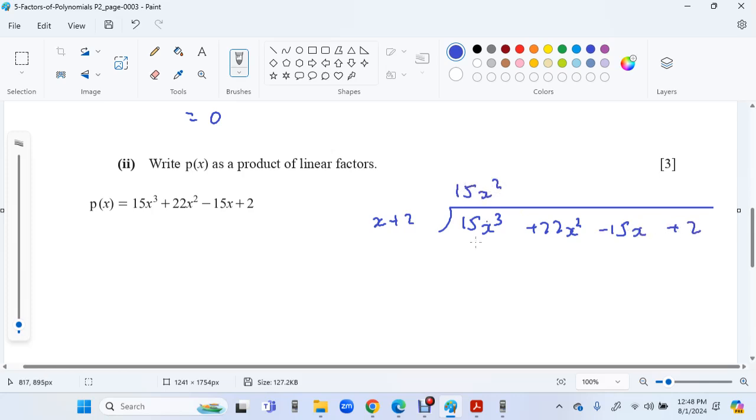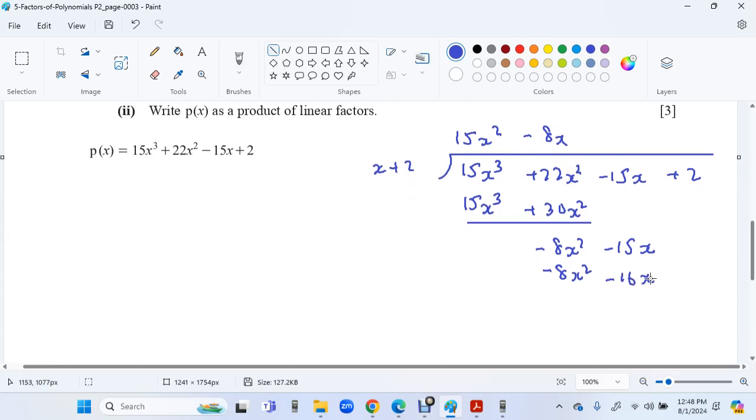So we have 15x squared, 15x cubed plus 30x squared, and then 22 minus 30 is negative 8x squared minus 15x, then minus 8x squared, and then minus 16x. So the negative 15 plus 16, then it will become x plus 2. So plus 1, then it is x plus 2.